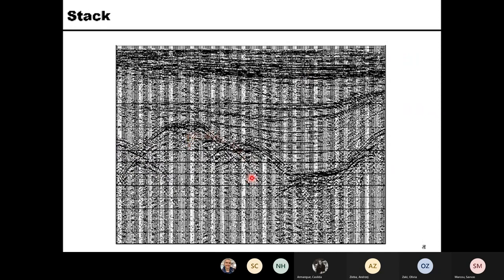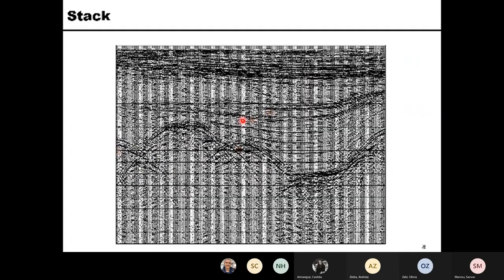Here could be, maybe not a simple syncline, maybe this is just a diffraction. Okay. But if we learn from geology, none of these represents any meaningful geological structure, right? It's hard to see anything in the subsurface that looks like this.